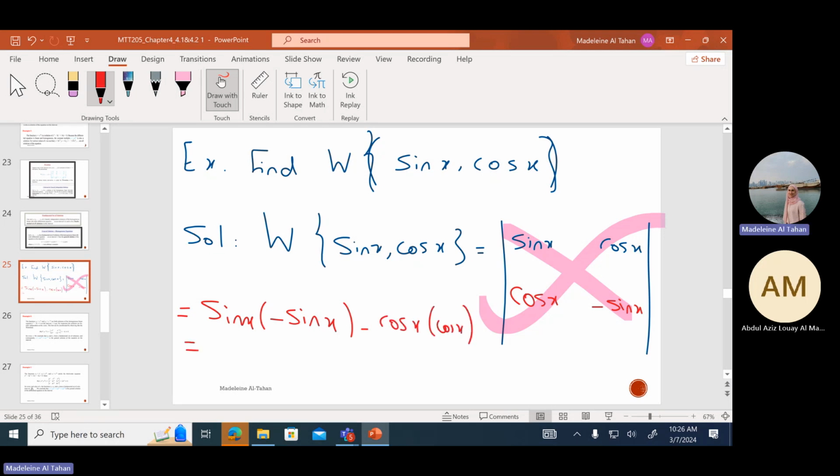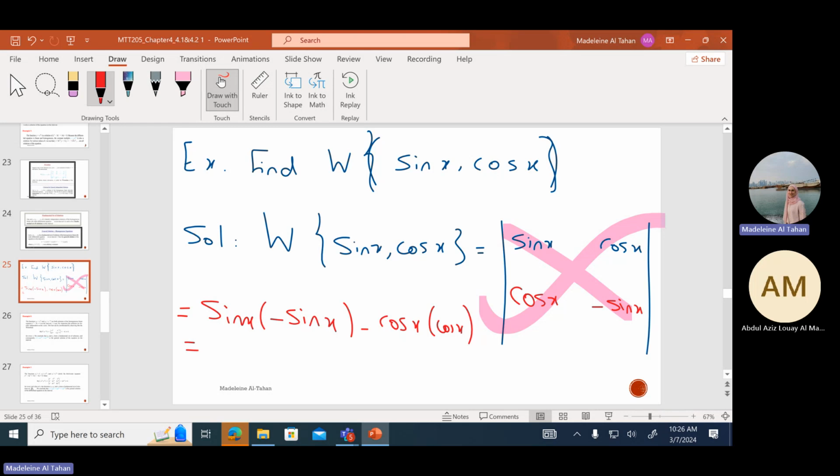This one is equal to what? Please simplify this. -1. Okay, let's do it.